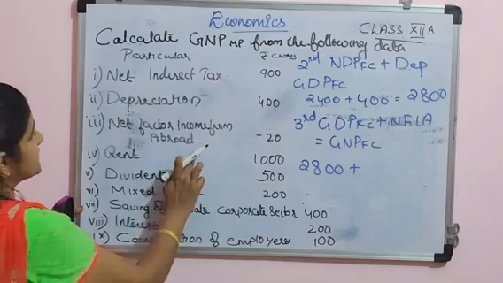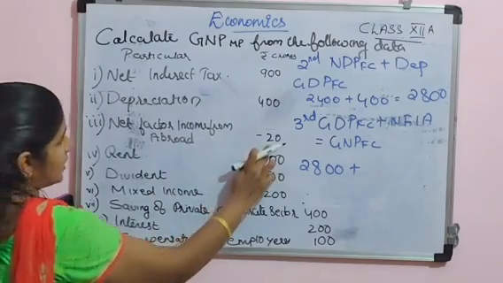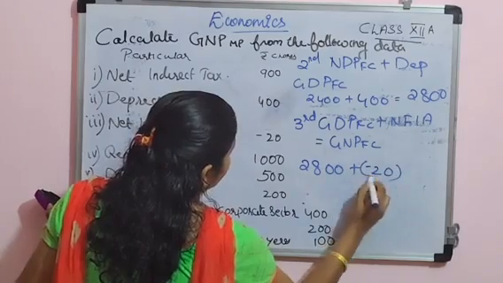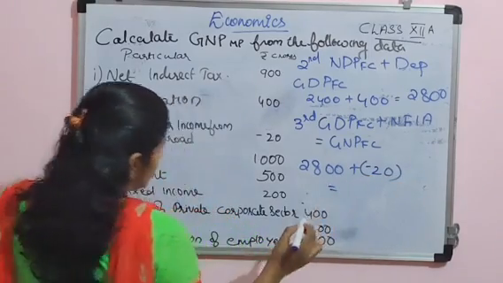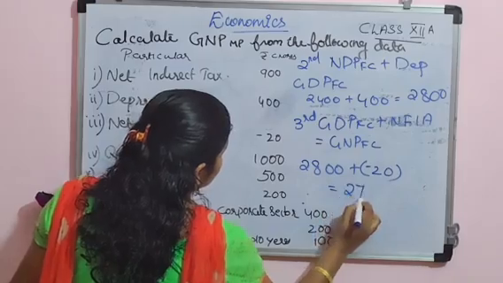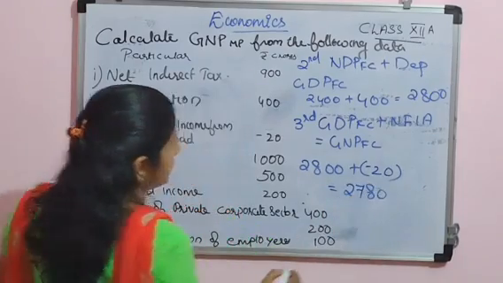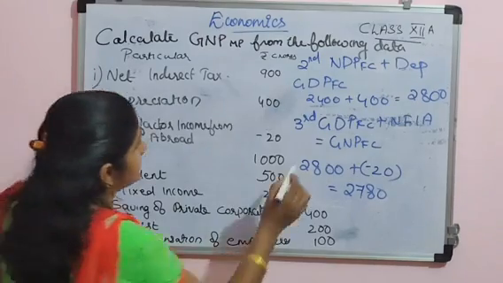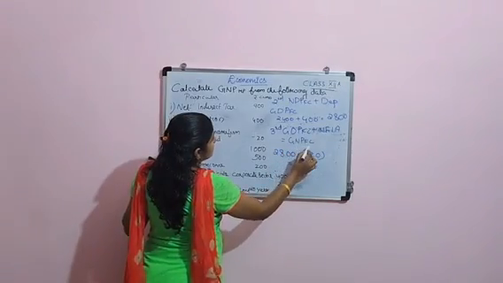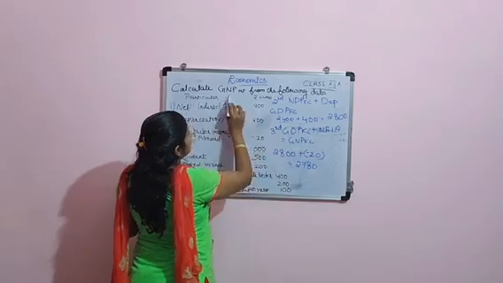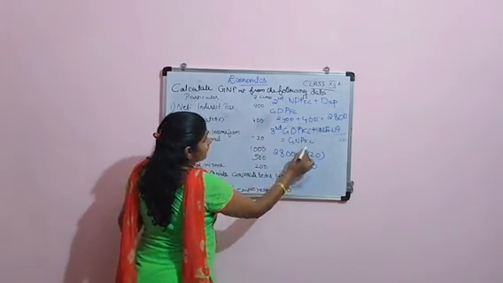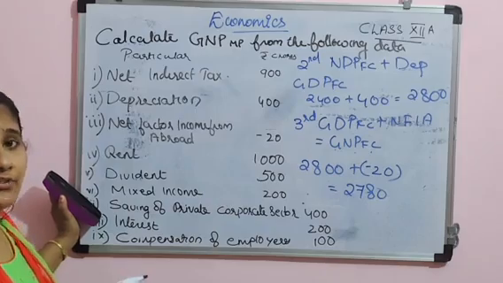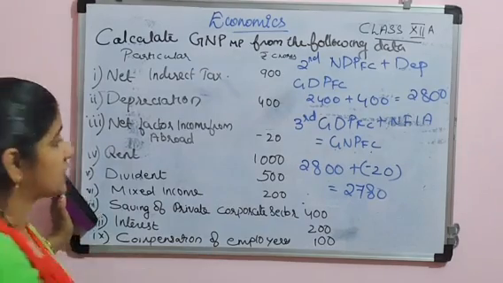But you just see here the NFIA is minus 20. So it will become 2780. Now the fourth step: now GNPFC we will be converting to GNPMP. For that, we want to add net indirect taxes.